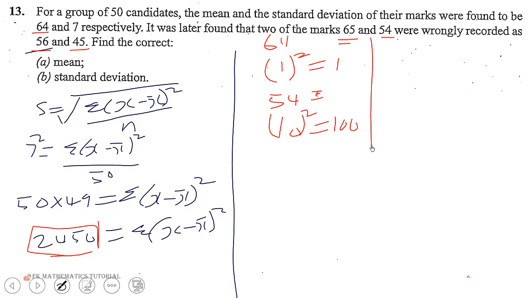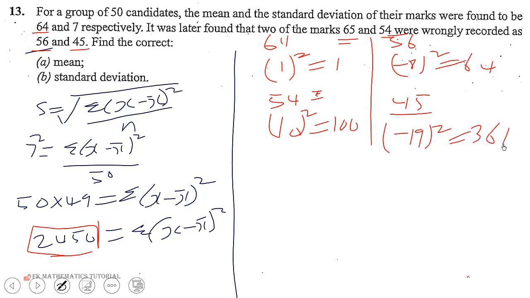Then the wrong values. 56, the distance from 64 is, so 56 minus 64 is negative 8. When you square it, you get 64. Then for 45, the distance is 19. When you square it, you get 361.